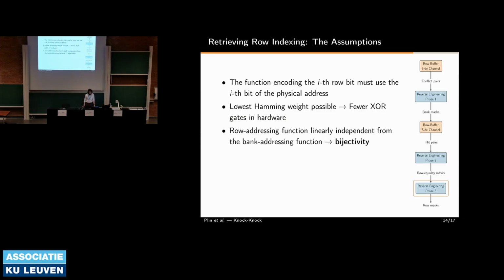And also that the function addressing the different rows will be linearly independent from the bank addressing function. This way we can preserve bijectivity, meaning that each physical address will map to one and exactly one physical location inside of the DRAM. And then we developed a backtracking algorithm to retrieve the most plausible basis by observing those different conditions.